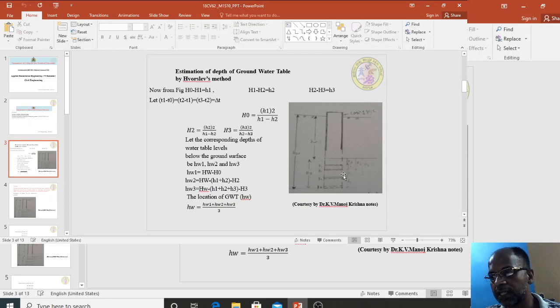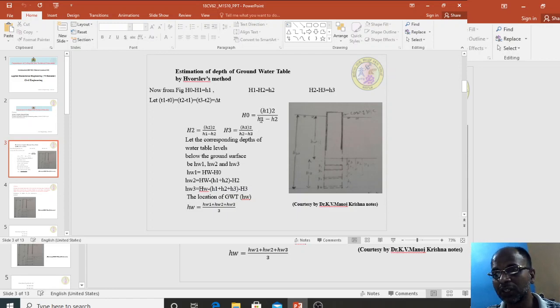Third day rise is capital H3, which is equal to h2 minus h3. Once you find out h1, h2, h3 at a time interval, let us say T1 minus T0 should be equal to T2 minus T1, which should be equal to T3 minus T2, let us call it delta T. So, as per Hvorslev, he has given three formulas to calculate H1, H2, H3.